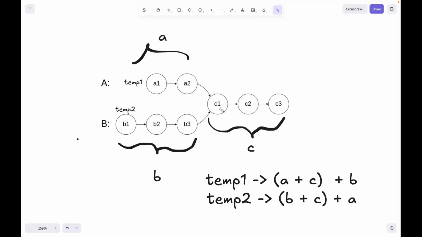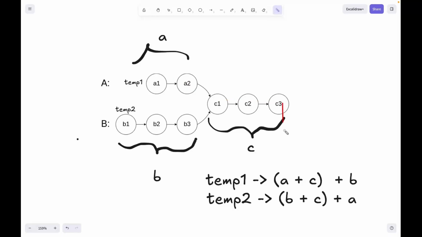But how is it possible that they are meeting? There's a mathematical expression too. Suppose this is the A length, and suppose this is of length B, and the common area is of length C. So my temp1 moves A nodes plus C nodes.